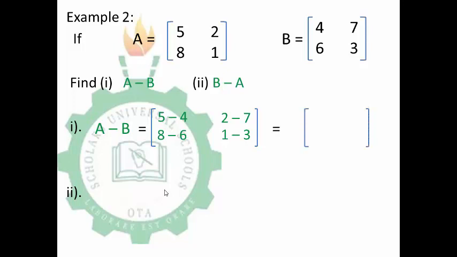And that gives you 1, minus 5, 2, and minus 2. It therefore means that the answer to our question, matrix A minus matrix B, will be equal to a matrix with elements 1, minus 5, 2, minus 2.